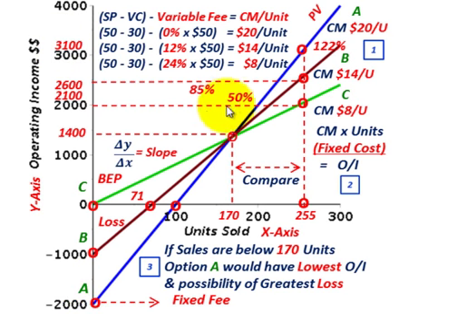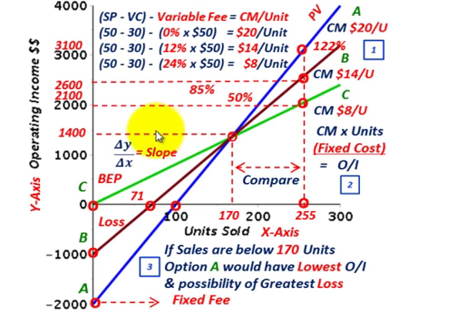Okay, so the point is, by looking at where option A becomes the better choice, when you're selling more than that inflection point of 170 units, option A becomes the better choice. You can see by our changes in our operating income.